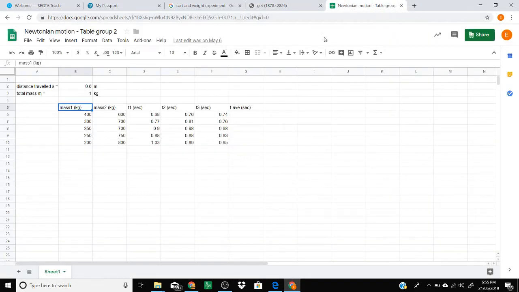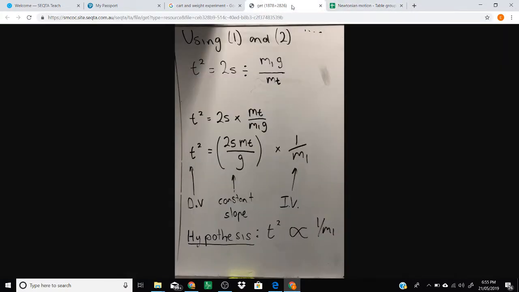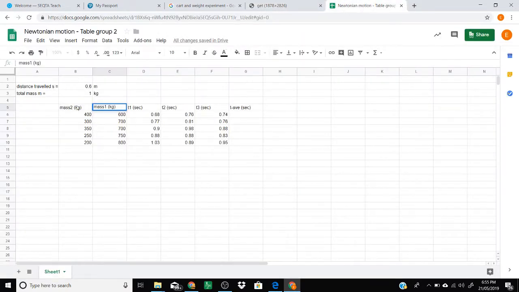Okay. So here's the data one of the groups got. Now, you'll notice a few things that we need to fix. One thing I mentioned is that in my method, I mixed up my masses. So mass 1 was mass 2. So we double check that. Actually, this might be correct. No, it was.